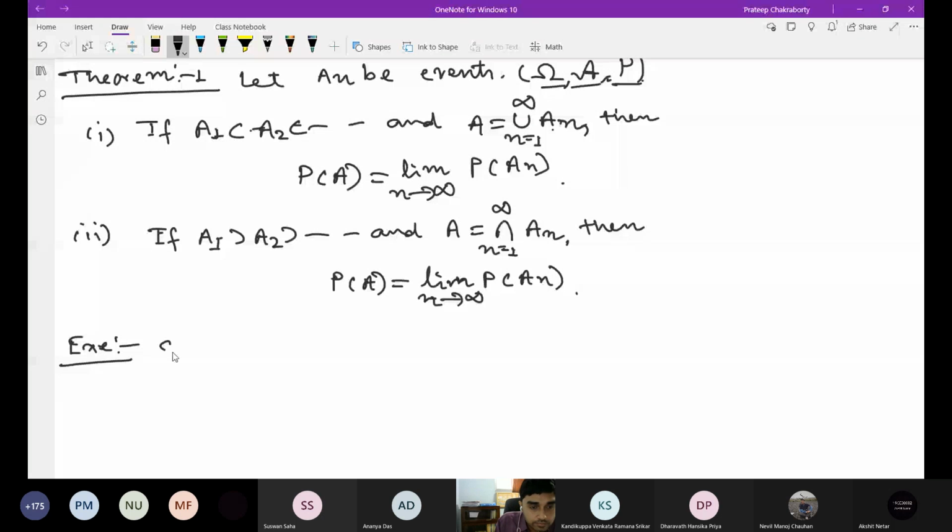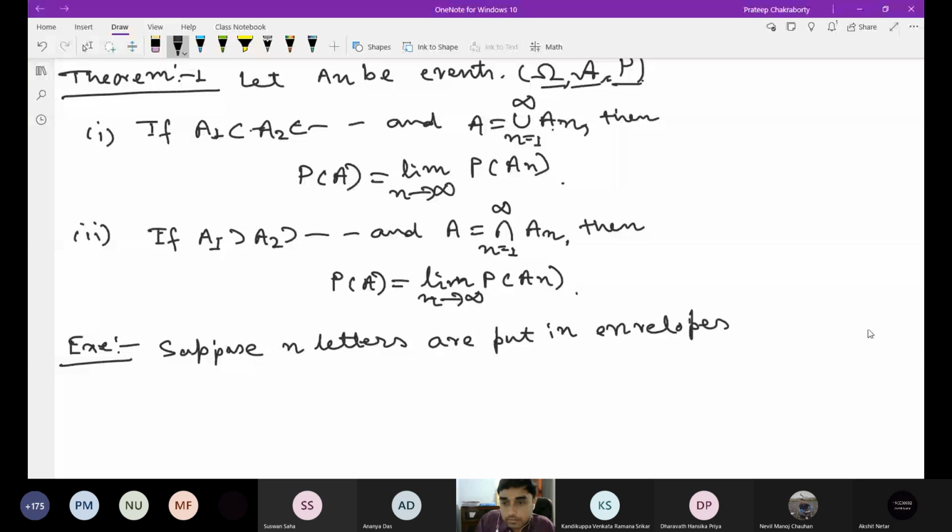Suppose n letters are put in n envelopes, distinct by addresses. What is the probability that no letter will reach the correct address?